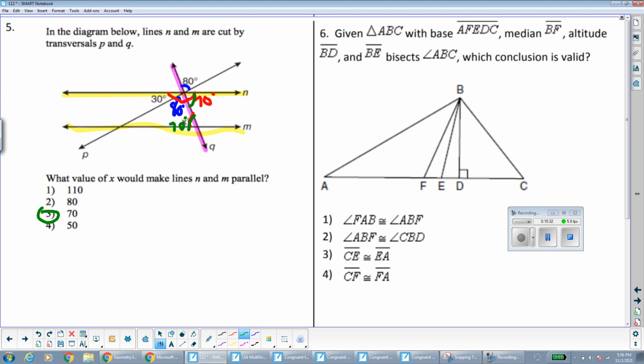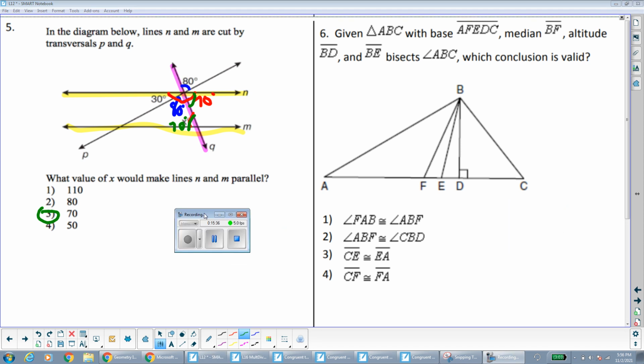For number 6, it says given triangle ABC with base AFEDC, median BF, altitude BD, and BE bisects angle ABC, which conclusion is valid? So let's take a look. So we have median BF.